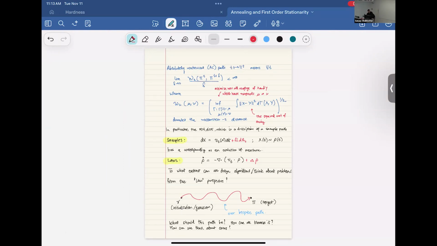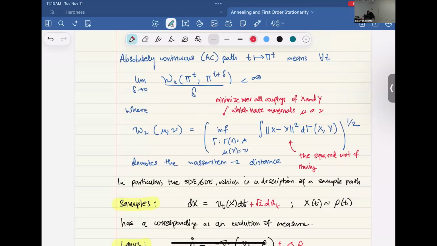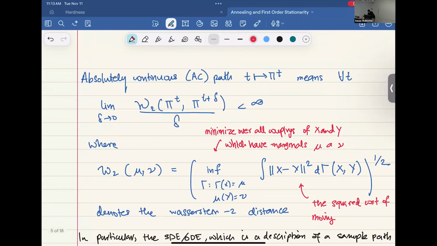But the thing that you have to check is that this limit exists. W2 here is the Wasserstein distance; the W2 between mu and nu is the optimal quadratic coupling cost, the Wasserstein 2 distance. If this limit exists and is finite, then you call it a path absolutely continuous.